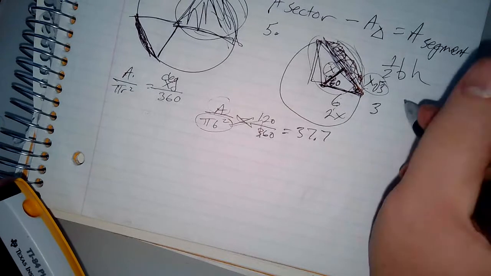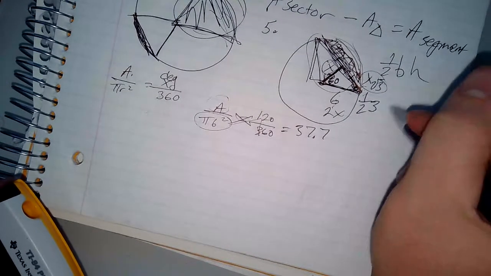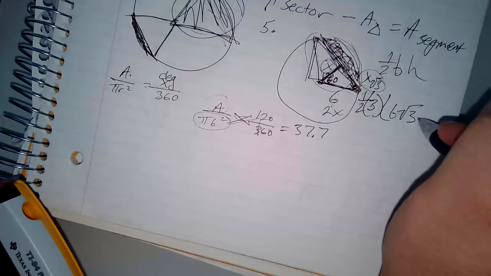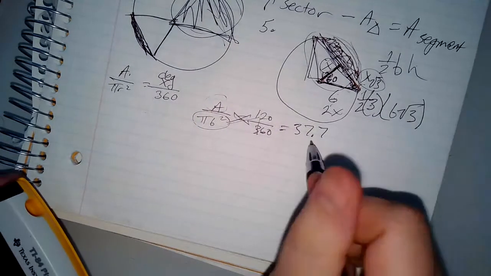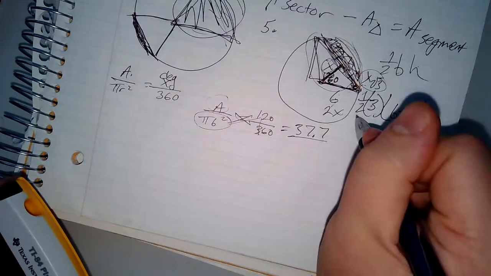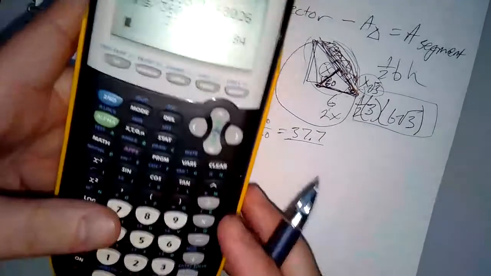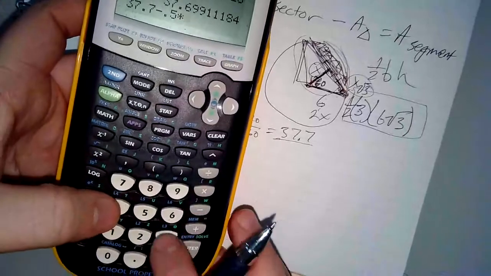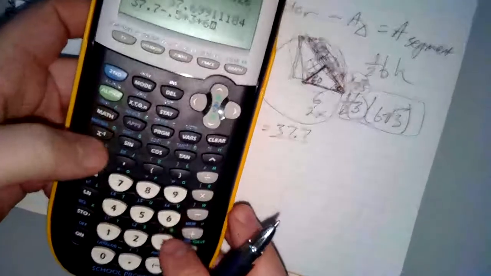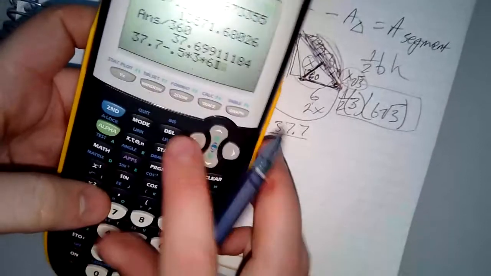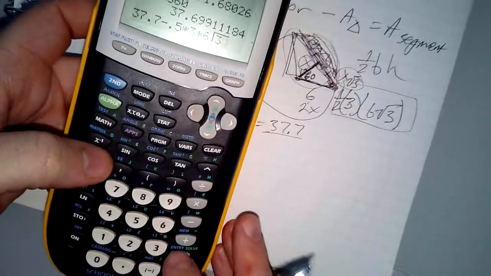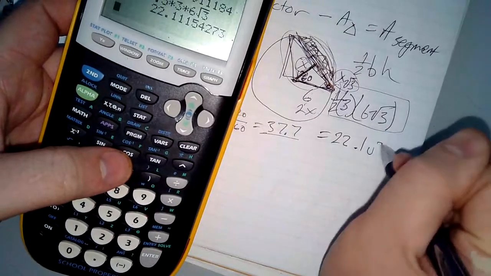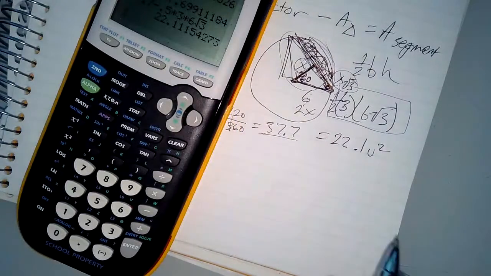So we know that it's 1/2 our height times our base. So we're going to do 37.7 minus 0.5 times 3 times 6 root 3, and we're going to get 22.1 units squared.